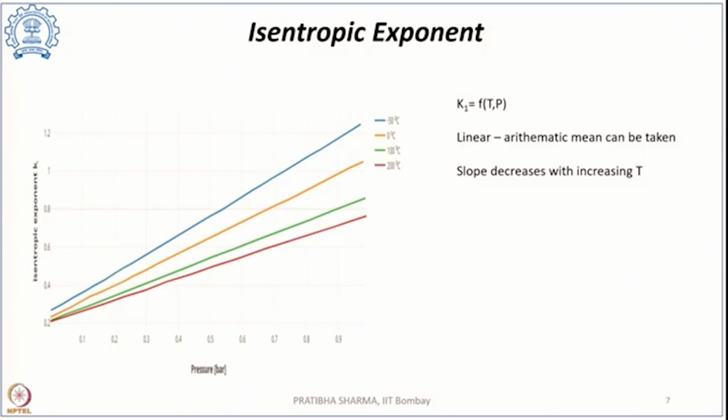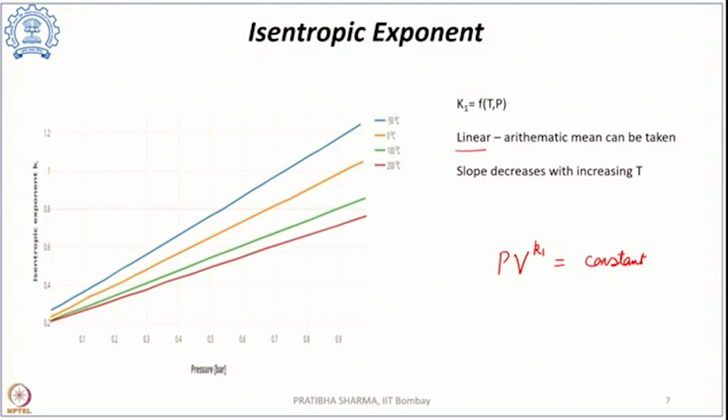Now, this is the variation of the isoentropic coefficient K1 which we have used for the state equation relating pressure and volume. If we see how the K1 exponent varies with pressure at different temperatures, we can see that there is a linear variation. When we study the work of compression, we will see that the isoentropic exponent could have a different value at different states.